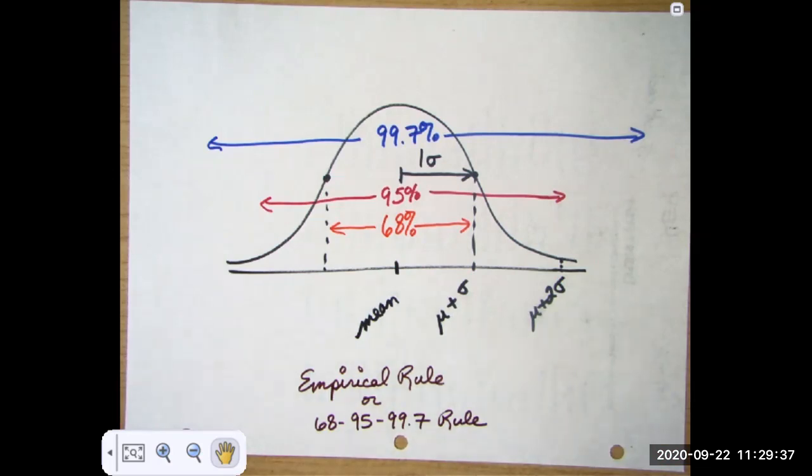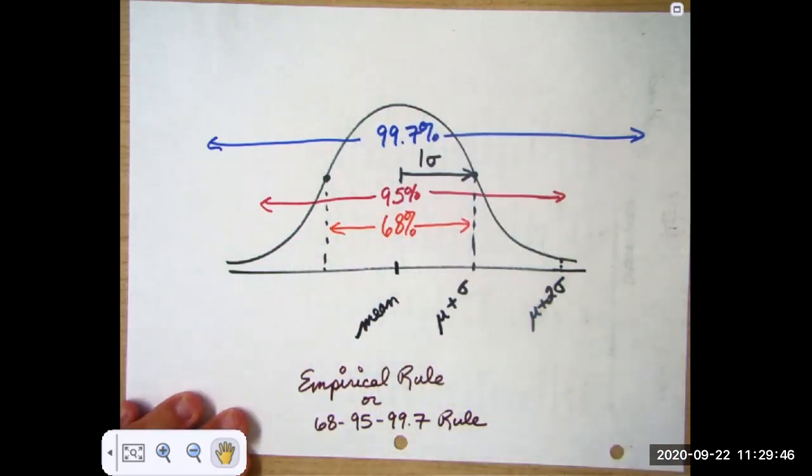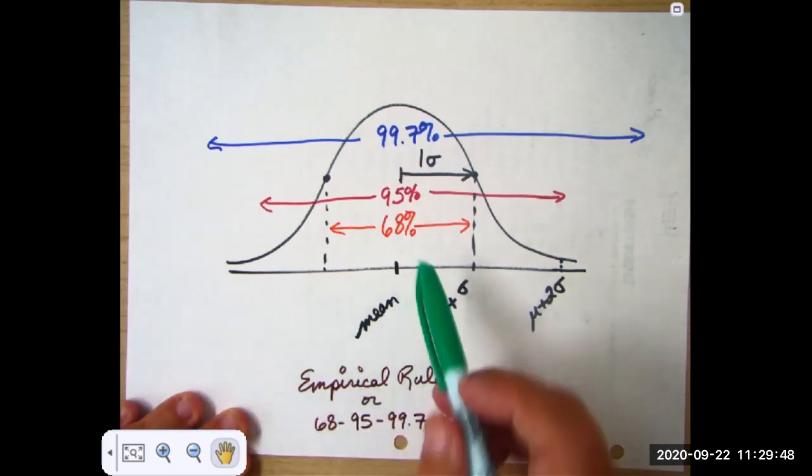Now, if your data are normally distributed, if your data form a normal curve, then the following is true.